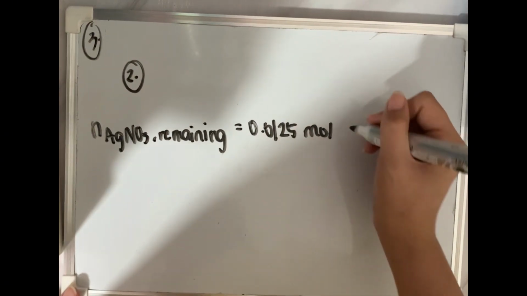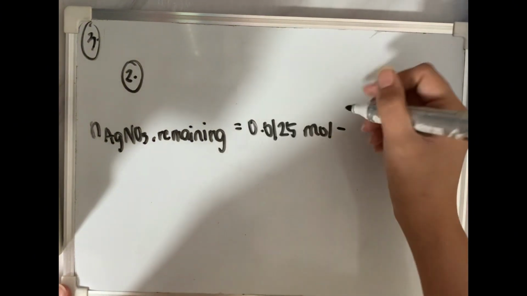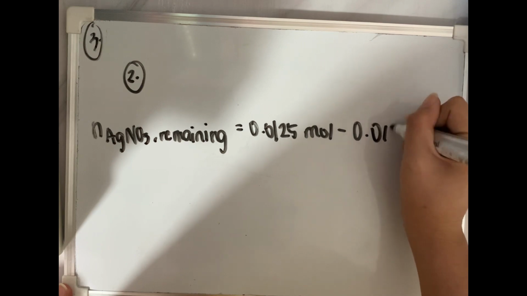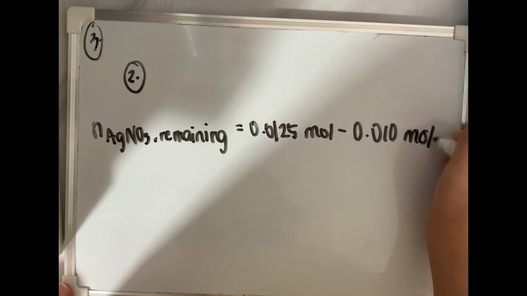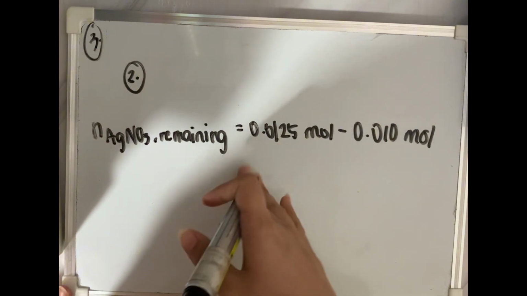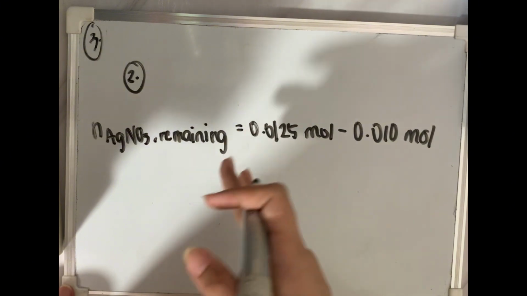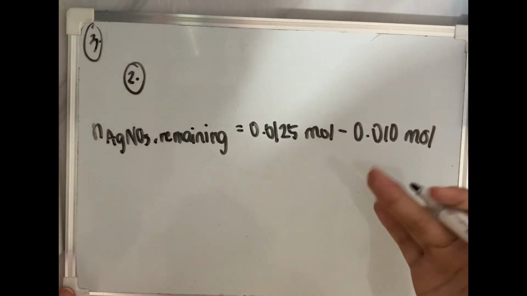Then ato siyang i-minus sa katong atoang nakuha na product kanina, which is the 0.010 mole, since mao to ang atoang consumed. Kaya kailangan mo na to kuhaon ang amount sa excess reactant remaining after the precipitation reaction.